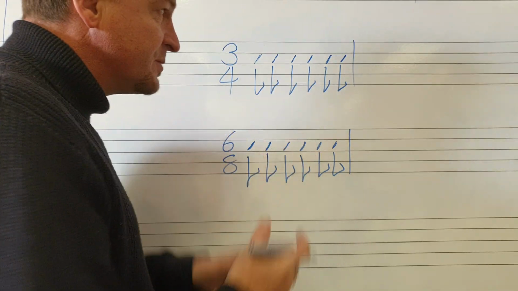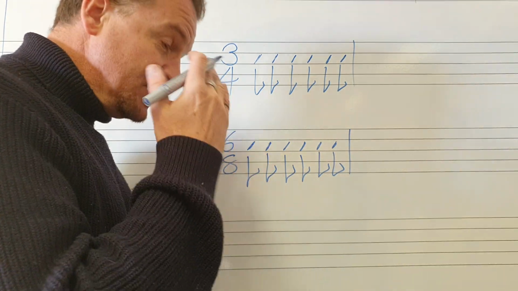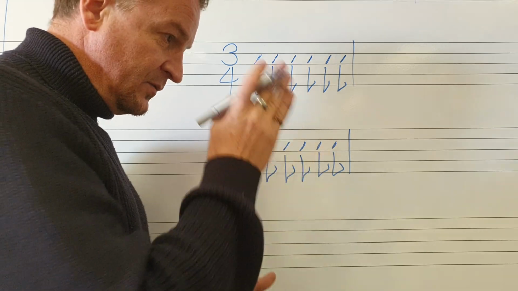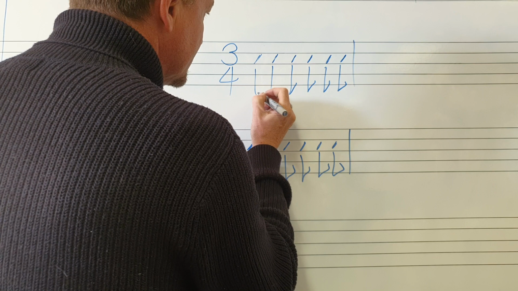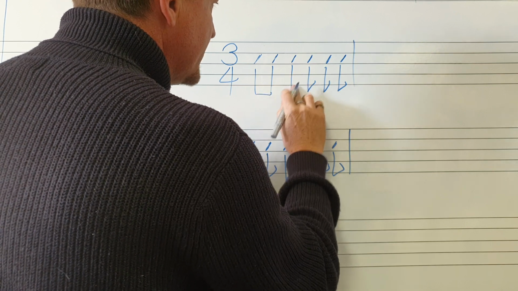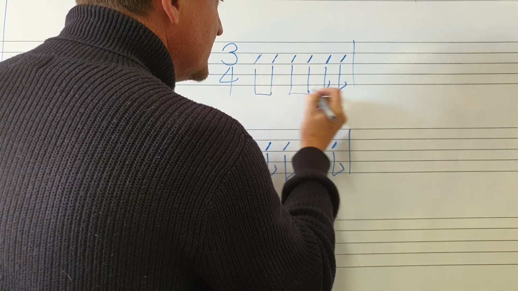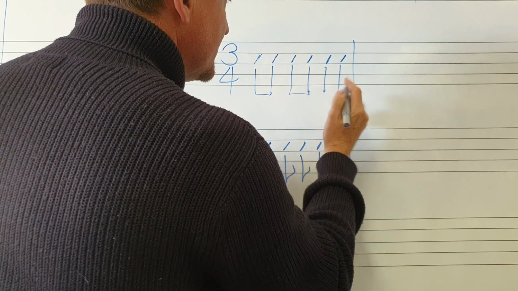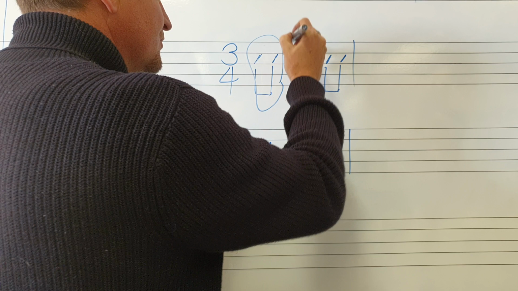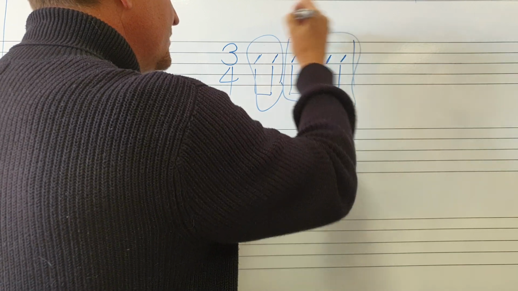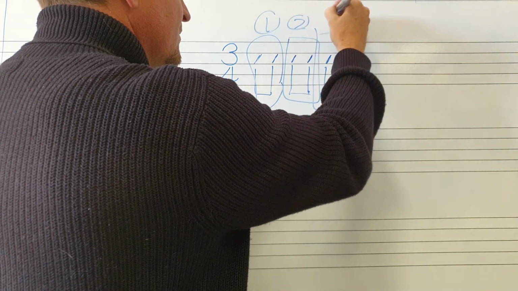Okay, so simple triple tells you that the musician has got to be able to see 3 distinct groups. So this is quite simple. You simply go group 1, group 2, and group 3. And there you have your 3 groups: group 1, group 2, and group 3.